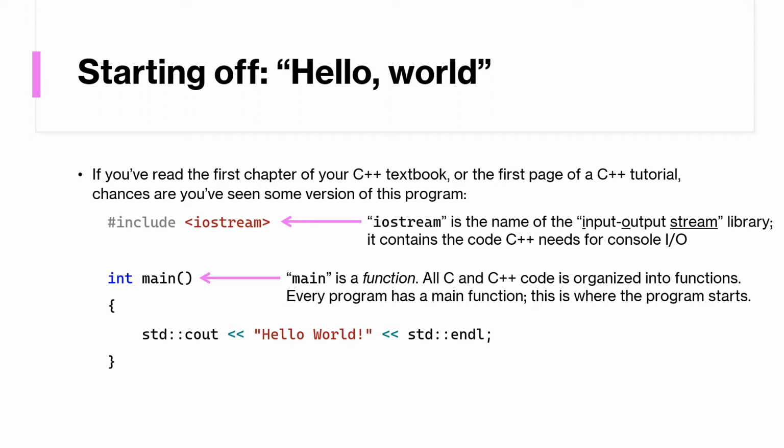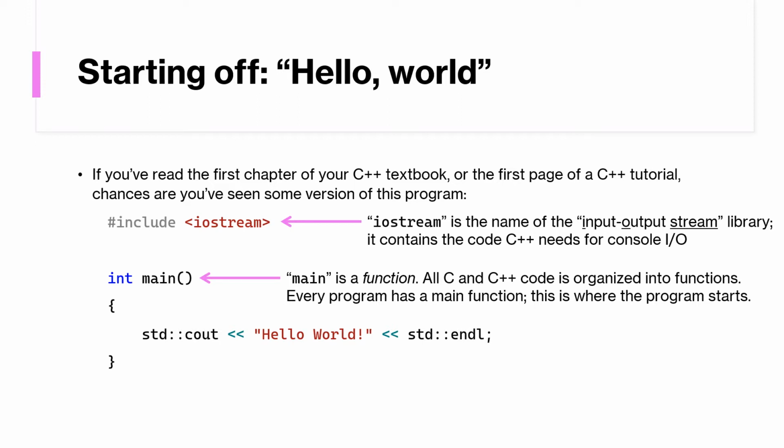But main is a function that all C++ programs have. Okay, every C++ program, C and C++, C++ inherits this from the C language. All C and C++ code is organized into functions.